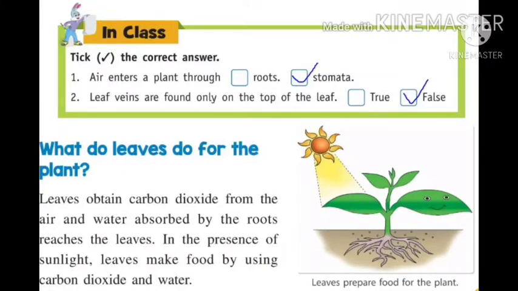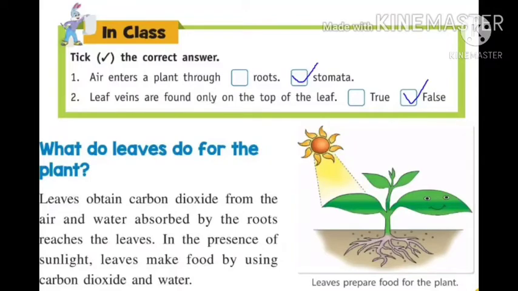Air enters a plant through stomata. Second, leaf veins are found only on the top of the leaf. Is it true? No, it is false, because we find the leaf veins in the entire leaf, not only on the top of the leaf.